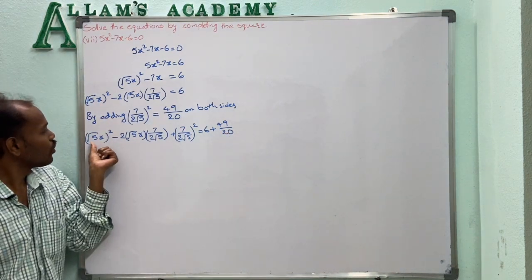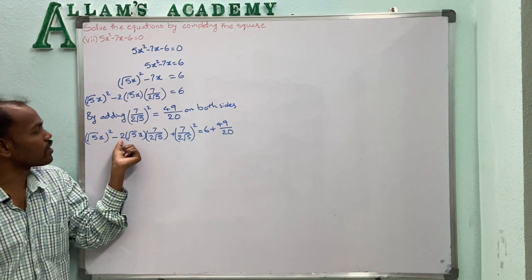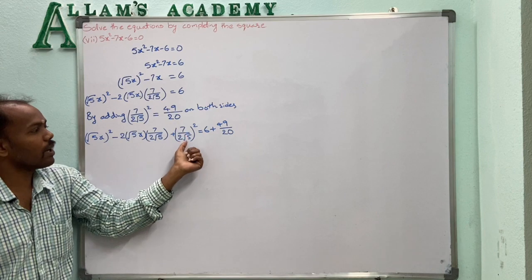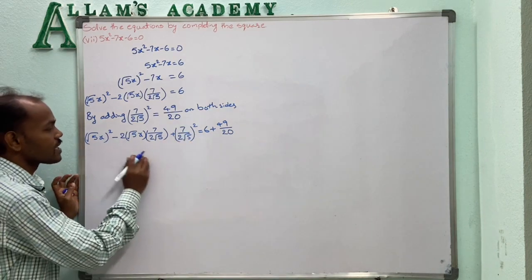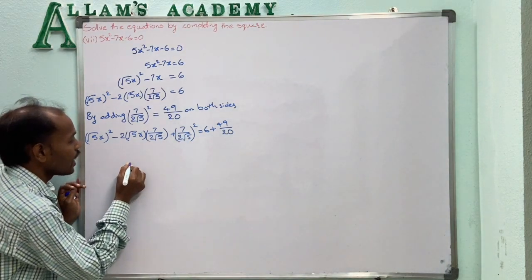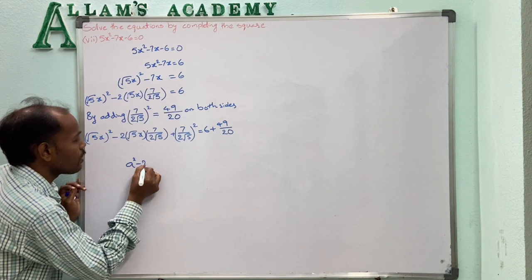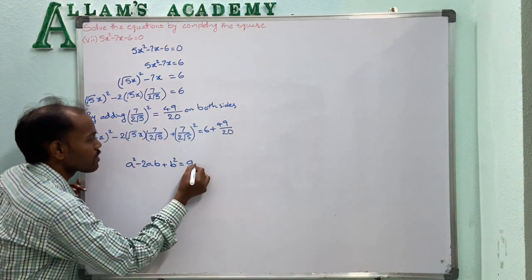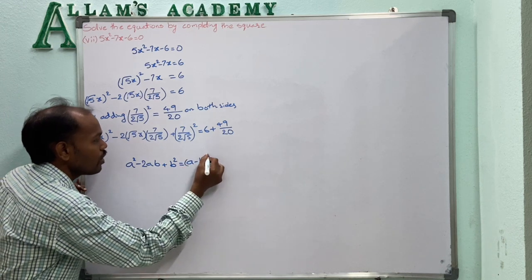Now here (√5x)² - 2√5x into 7/(2√5) + (7/(2√5))² is a term in the form of a² - 2ab + b². So a² - 2ab + b² is nothing but (a - b)².